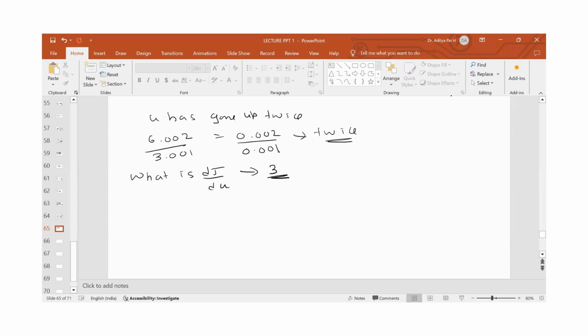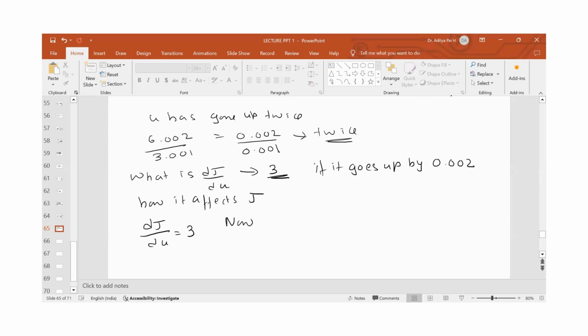If u goes up by 0.002, how does it affect j?